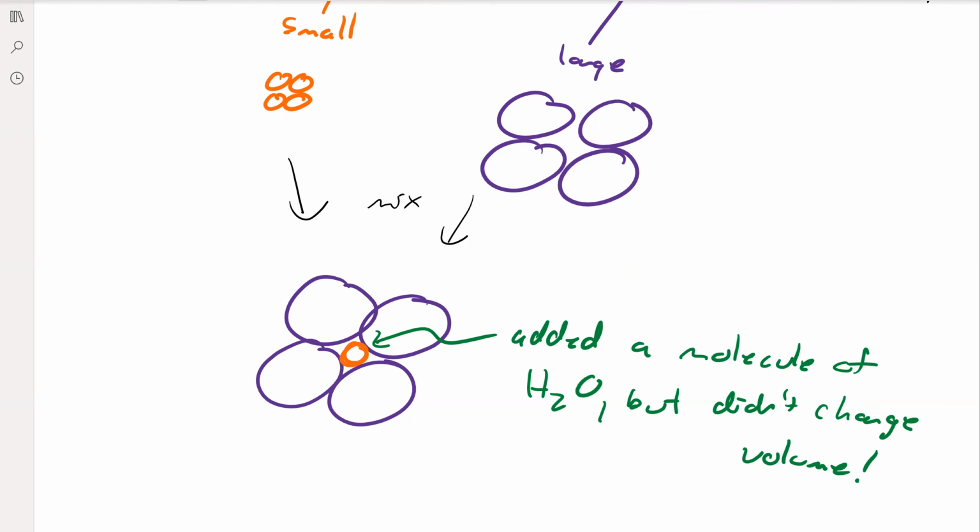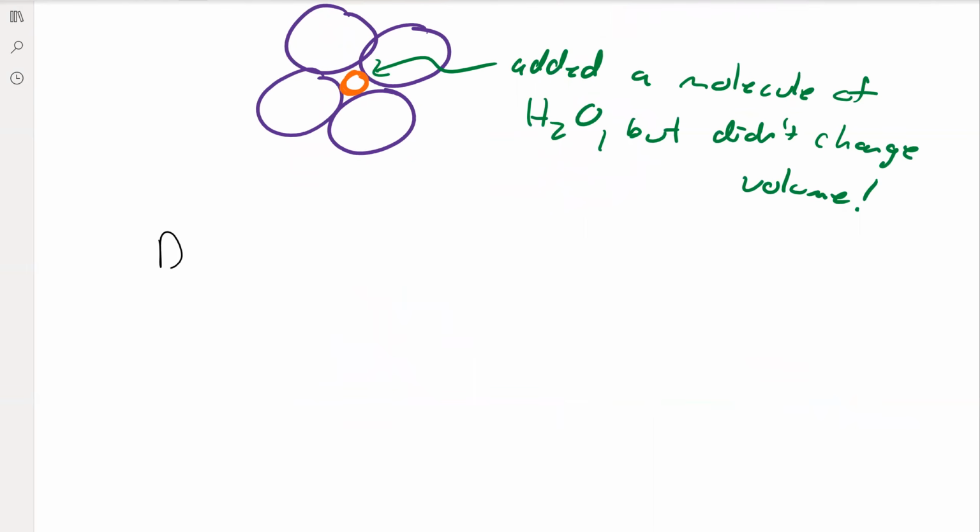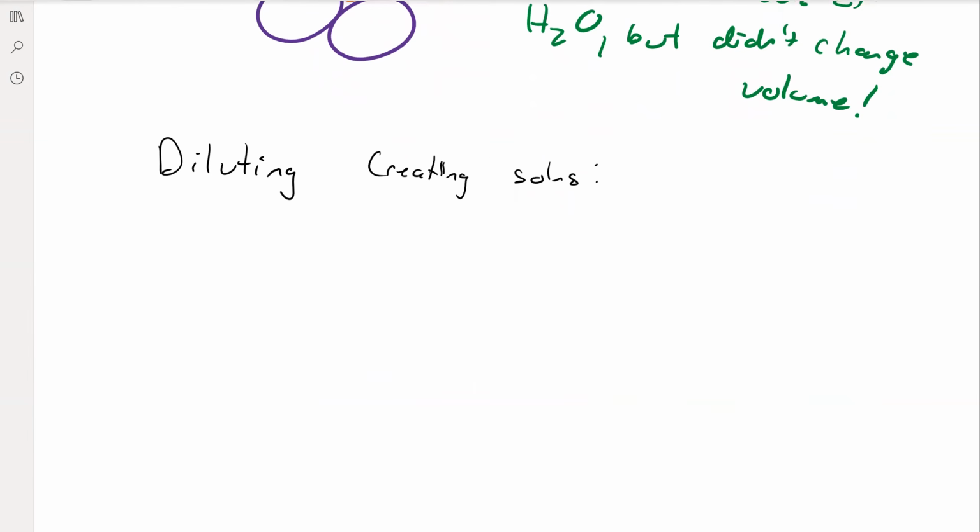And so that's why you have to be careful when you're diluting or creating solutions. You generally follow a 2-step procedure. So first you add the more concentrated component. So that would be our half liter of our concentrated HCl in the above example.